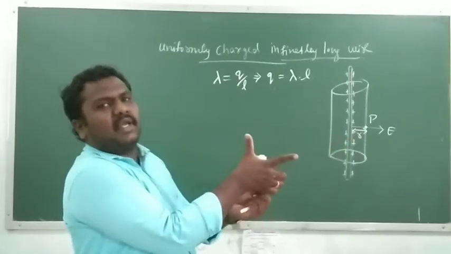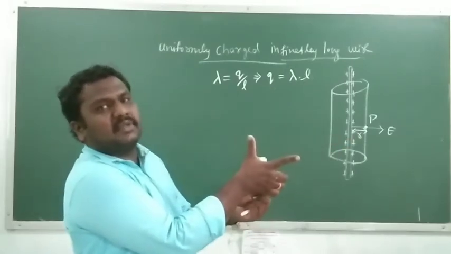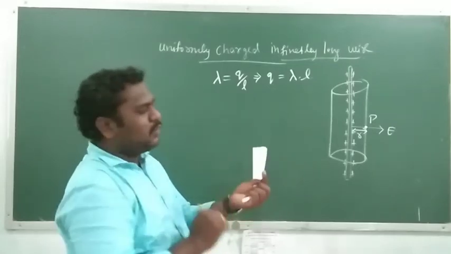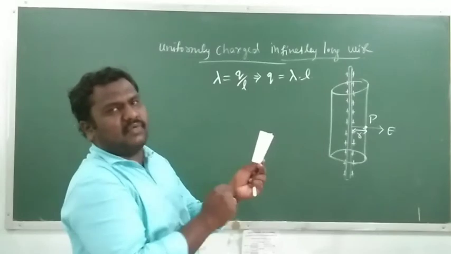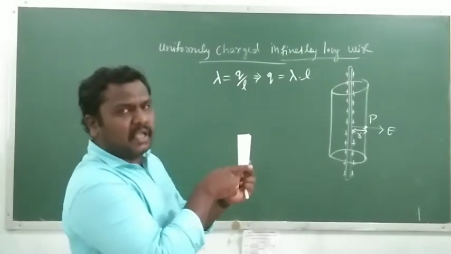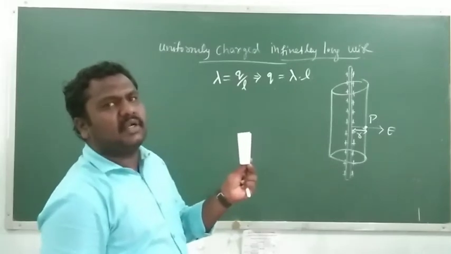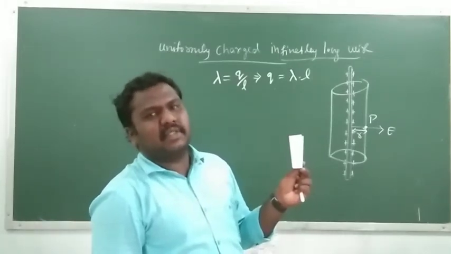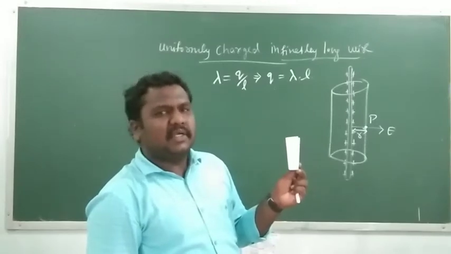So the angle between the area vector and the electric field becomes 90 degrees, and cos 90 is equal to 0. In the same way, for the lower surface, the area vector is vertically downwards, the electric field is in the forward direction. So at the lower surface also we have the theta value as 90, so cos 90 becomes 0.